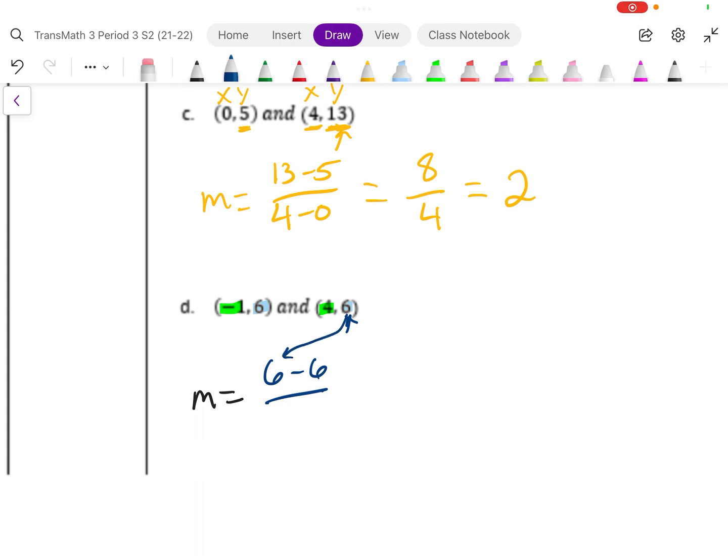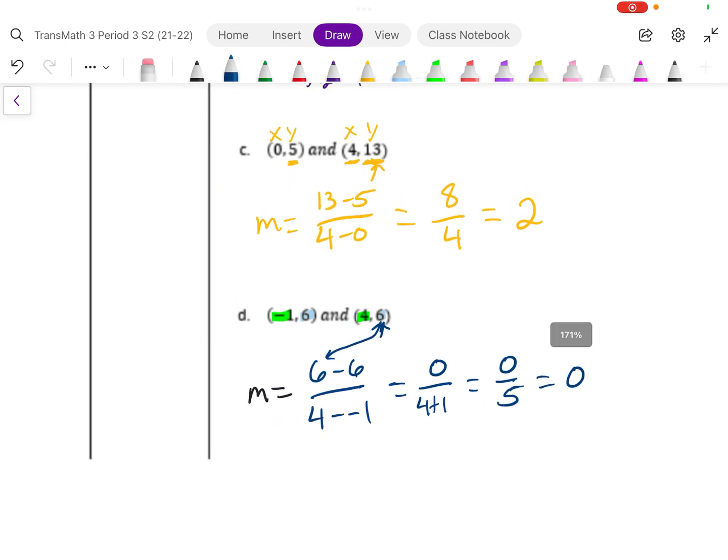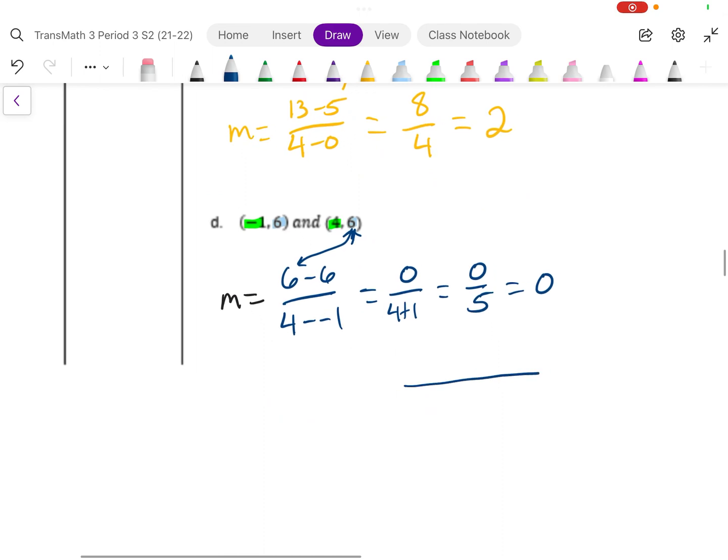That means I have to start with the 4. 4 minus negative 1. 6 minus 6 is 0. Rewriting that, 4 minus negative 1 is 4 plus 1. We'll get 0 over 5. 0 over any number is just 0. So that is a slope of 0. And if you remember, those are the cases where we get a horizontal line.